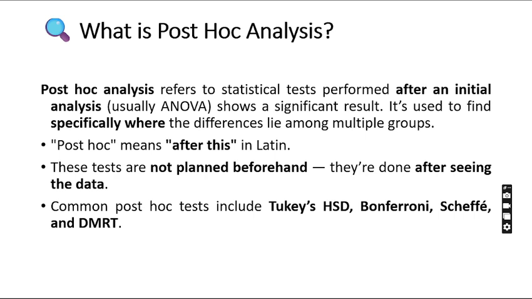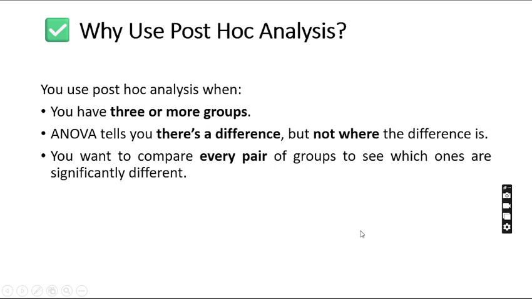When can we go for post-hoc analysis? Examples of these tests are Tukey's, DMRT and so on. I think you have already heard about this. So when or why should we use post-hoc analysis? When you have three or more groups and you apply ANOVA, ANOVA will tell us there is a difference, but not where the difference is.